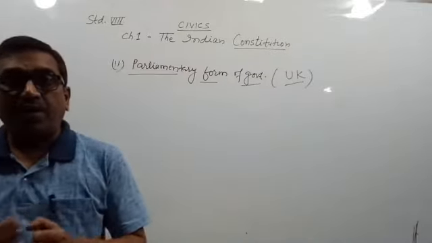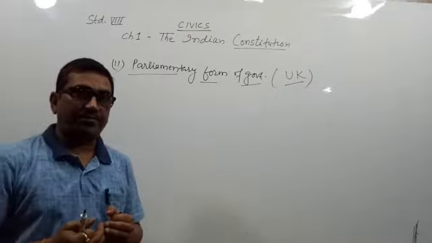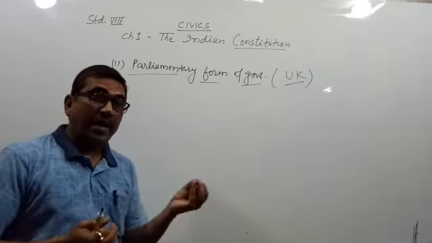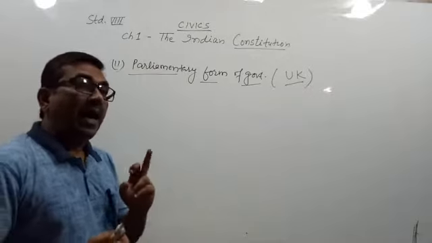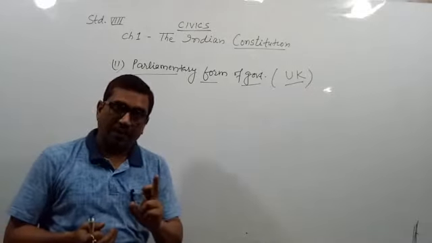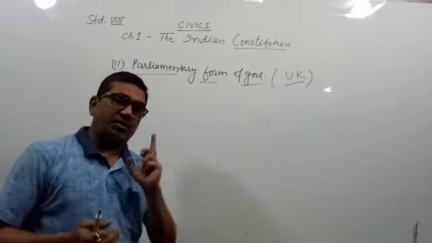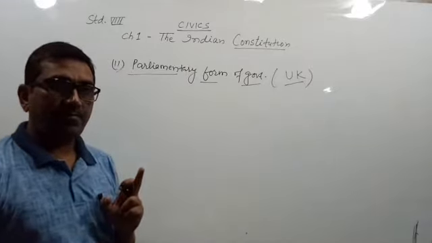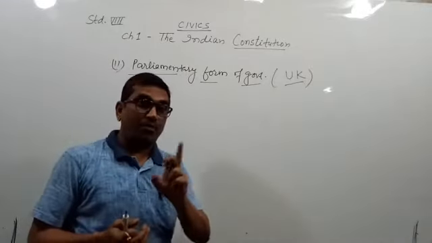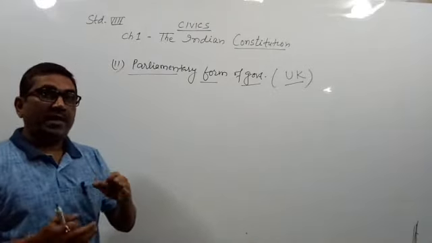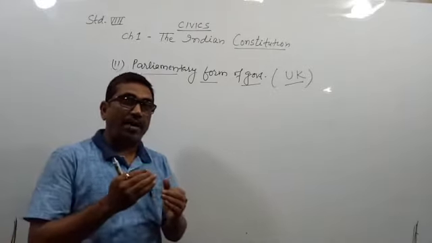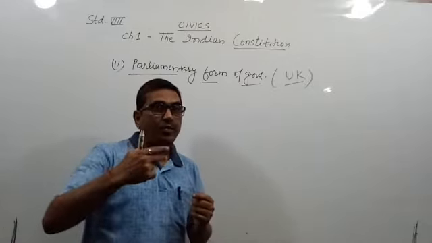In the parliamentary form of government, the head of the state may be either a king or queen or a president. I am not talking about the democratic. I am talking about the parliamentary form of government. In the parliamentary form of government, there are two heads.